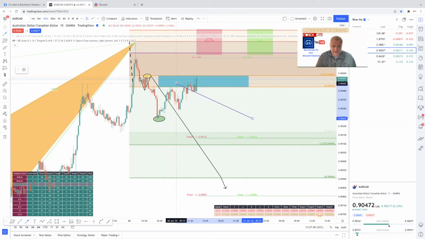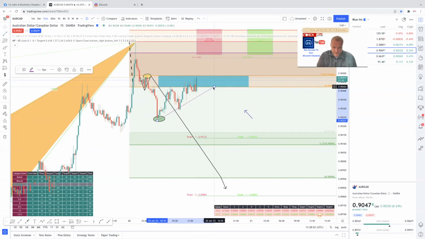It's not to say that this isn't now going to take liquidity from here and push through and go through the stop. It may do that. But again, it could still just reject off this area and come down and go for the liquidity areas that are built up around here. So you could say, right, well, I'll take a profit area from there, or move to break even here, take partial here.